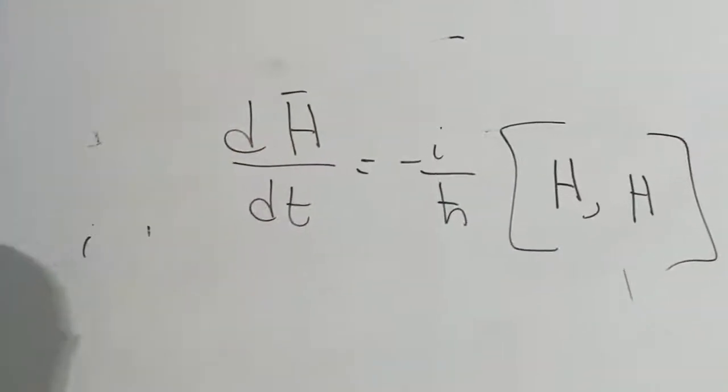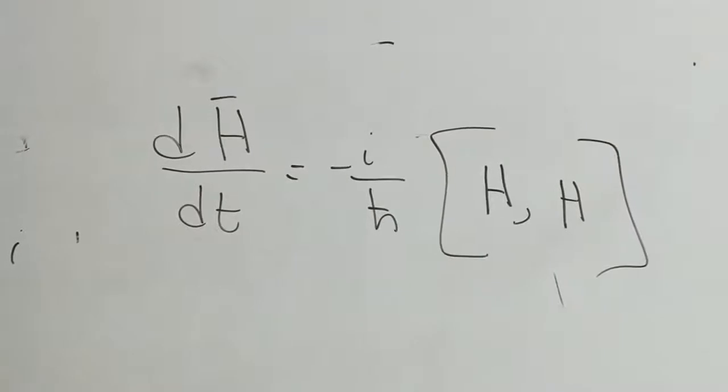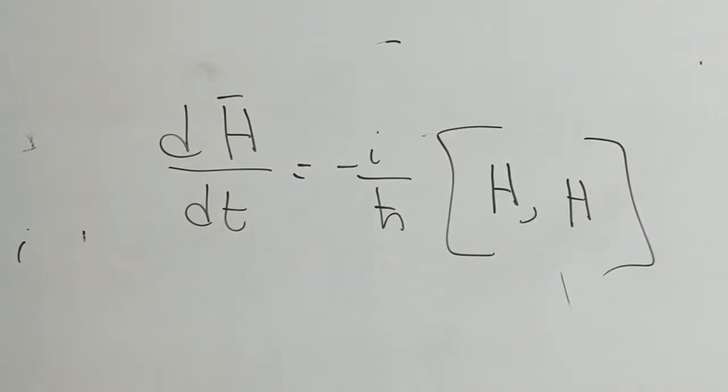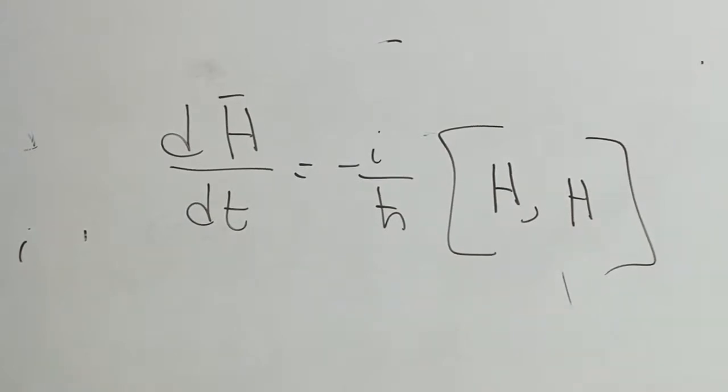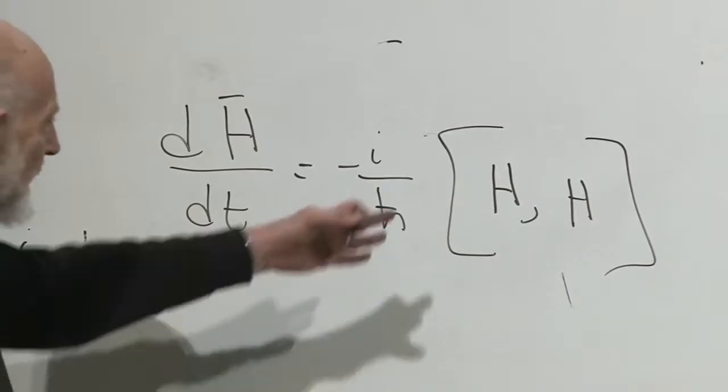The Hamiltonian with itself is H times H minus H times H. H times H is the same as H times H. Quantum mechanics is not that weird. You know, it's weird, but H times H is the same as H times H. So this is 0.